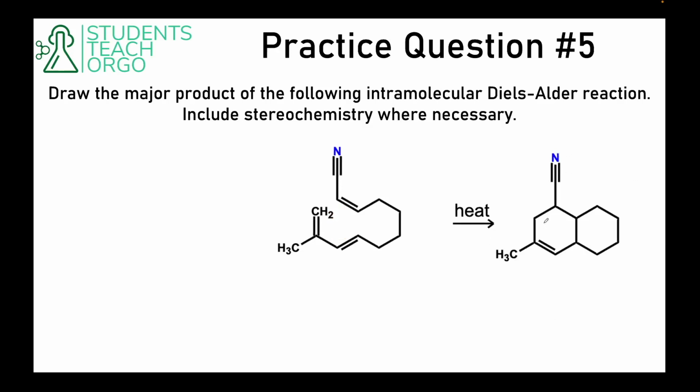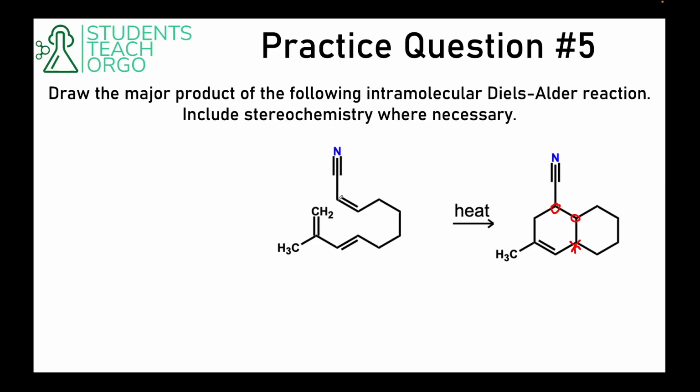Now we're really close to being done, but we just have to fill in stereochemistry. There will be stereochemistry at this position and this position, technically this position too, but it's not super programmable. At least when I was taking Orgo 2, you didn't have to explicitly show the stereochemistry at that position, even though there is. Now here's the tricky part.